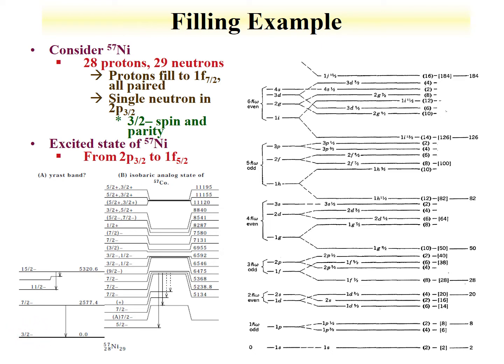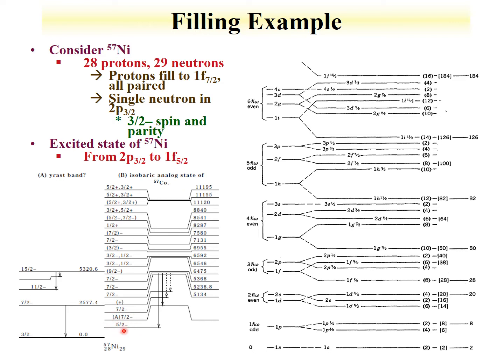So let's consider the excited state. The excited state is 7/2 minus, and if we look here, the 29th neutron is here. If we excite that, we go to a 1f5/2 level, which is what we see here.